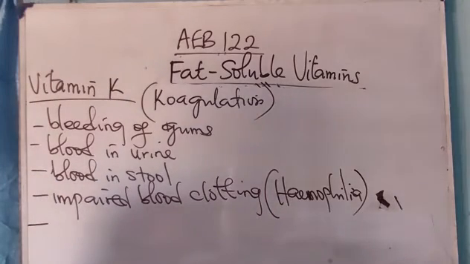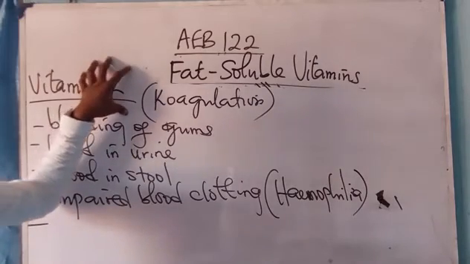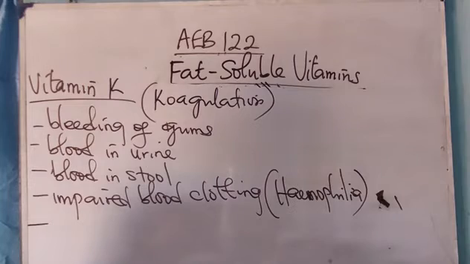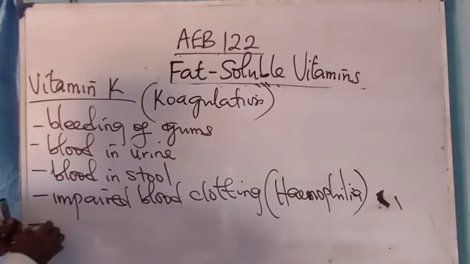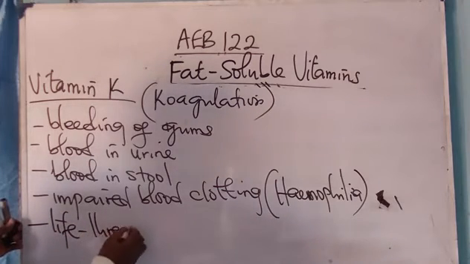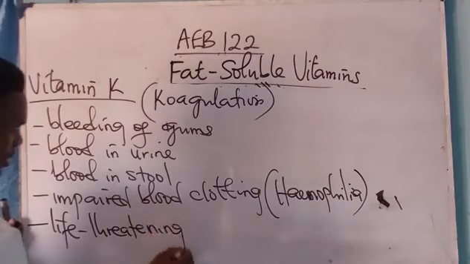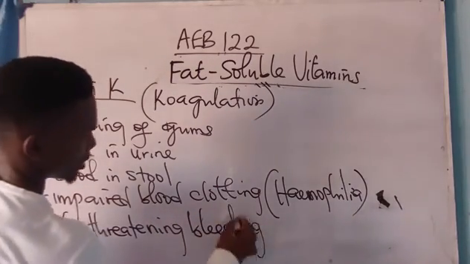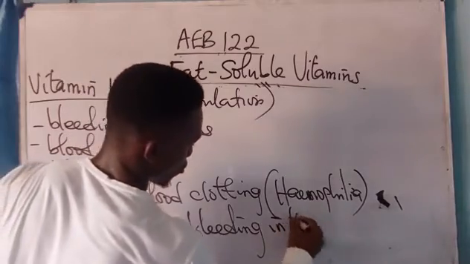Now, in children or infants, when the sources of vitamin K are absent, it results in a life-threatening bleeding in the skull.